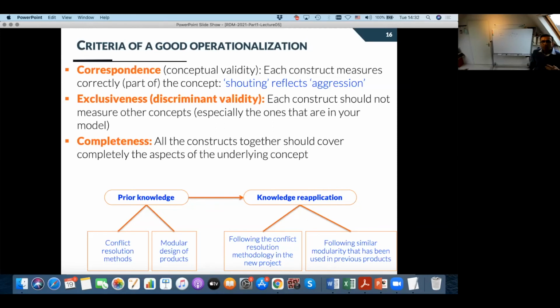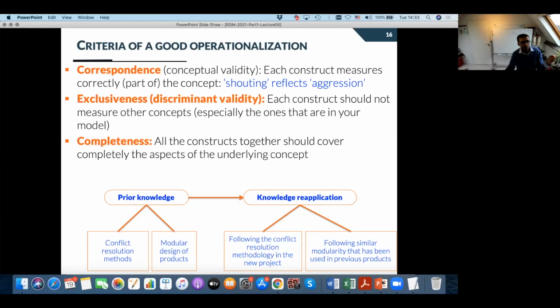What are the measures of a good operationalization? At least these are the key points here. First, we call it correspondence, which means the construct should reflect the meaning or aspect of the concept. If I say the exchange of documents between two departments is a construct for interdepartmental knowledge sharing, it corresponds.